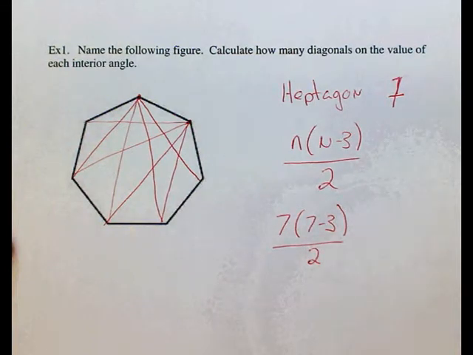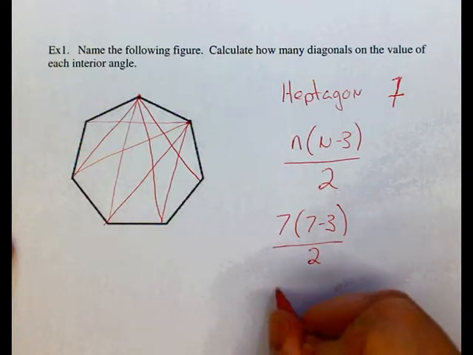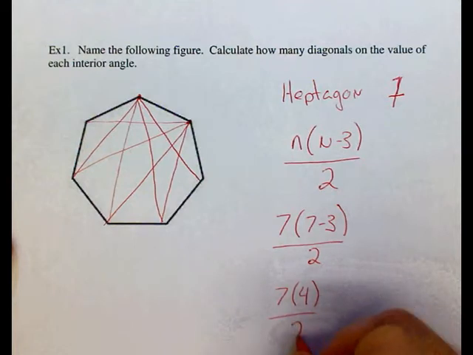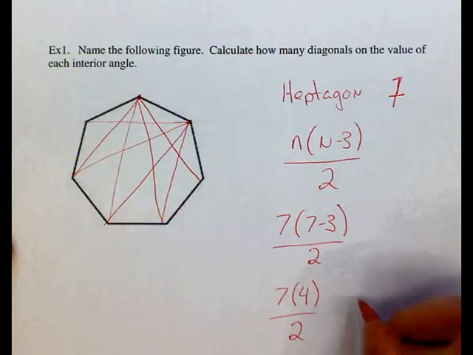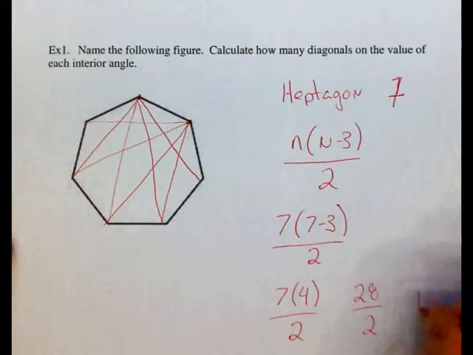I'm going to follow order of operations here, and I'm going to go 7 minus 3 to get 4. 7 times 4 divided by 2. I'm going to take 7 times 4 and get 28 divided by 2. And I know that 28 divided by 2 gives me 14 diagonals.